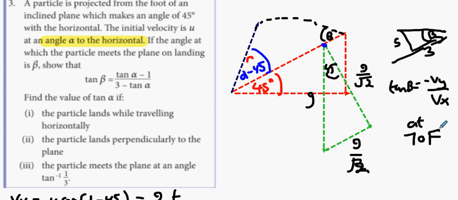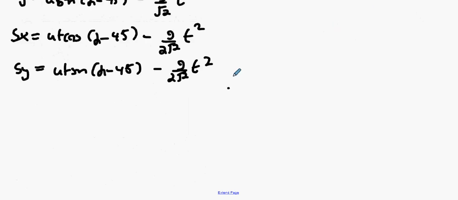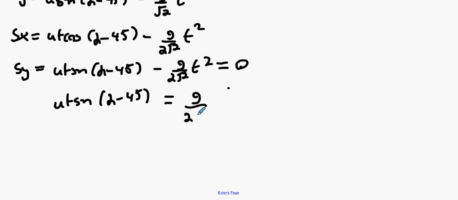All right, let's get the time of flight. Anybody? Yeah, that's like 0, right? So put this equal to 0. Then you're going to get ut sine alpha minus 45 equals g over 2 root 2 t squared. And the t's cancel.